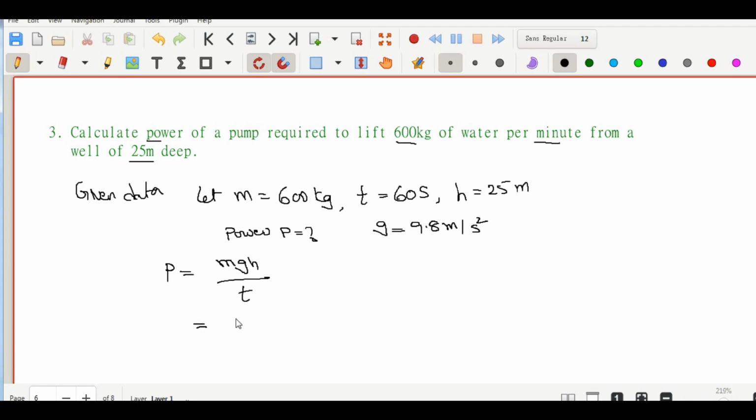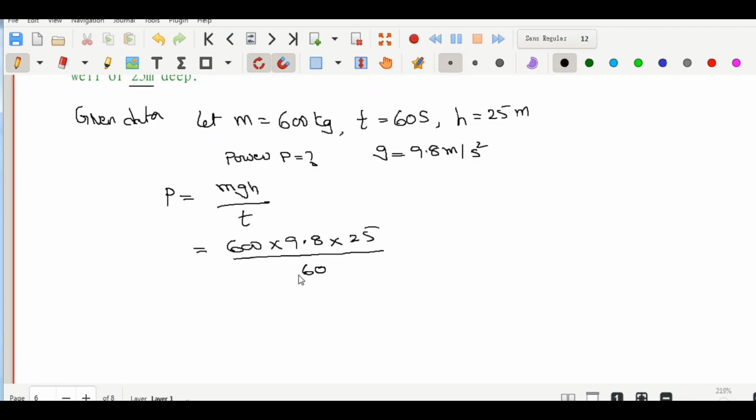So that is 600 into 9.8 into 25 divided by 60. 60 and 600, this is 10 times, so 10 into 9.8 is 98 into 25. 98 can be written as 100 minus 2, into 25. 25 into 100 means 2500, minus 2 into 25 gives 50.